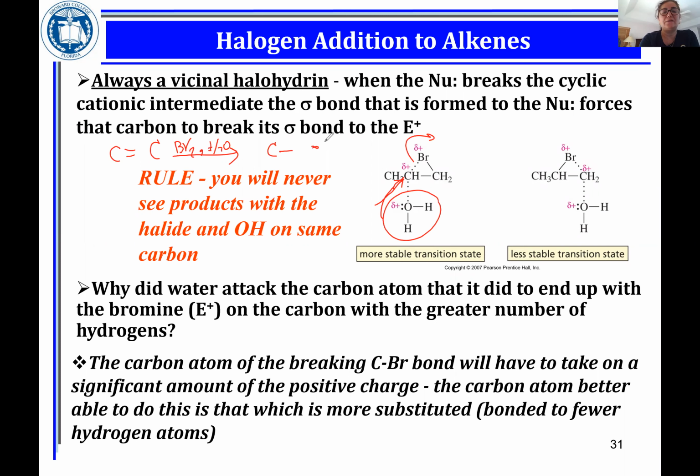You will get Br on one carbon and OH on the other carbon. The addition also is anti, because of the formation of the triangle, the addition is anti, meaning that it is from opposite sides, but it's Markovnikov addition.